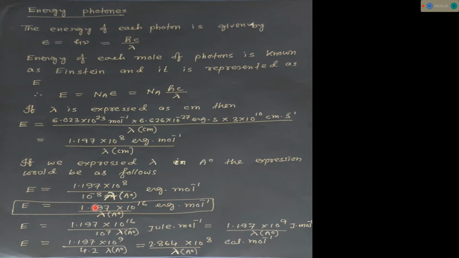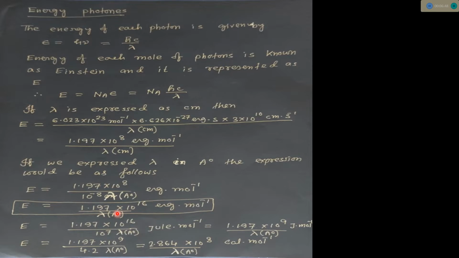In the boxed expression, the 1.197 with 10 to the minus 8 going up becomes 10 to the power 16 erg per mole, and here lambda is in angstrom.